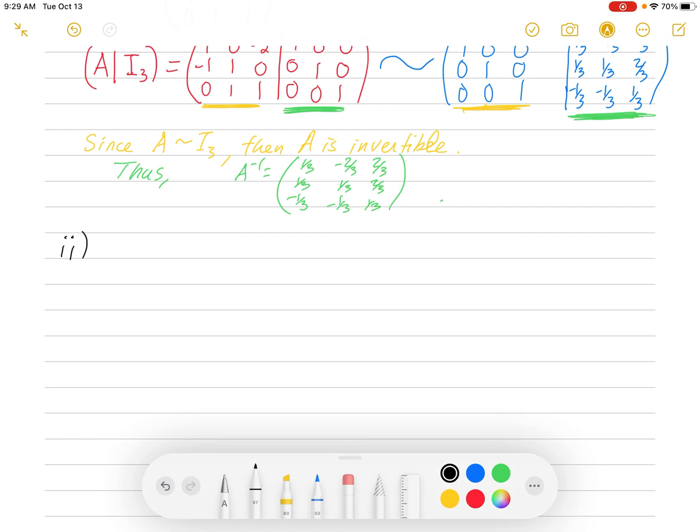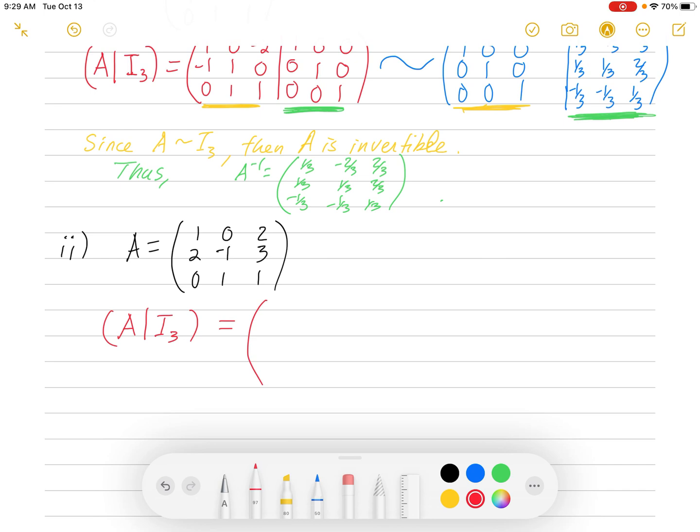Hey, it's writing in black this time. Let's say I have A is 1 2 0, 0 negative 1 1, and 2 3 1. So I'm going to write down a mega matrix A augmented with I3. Why I3? Because A was a 3 by 3.